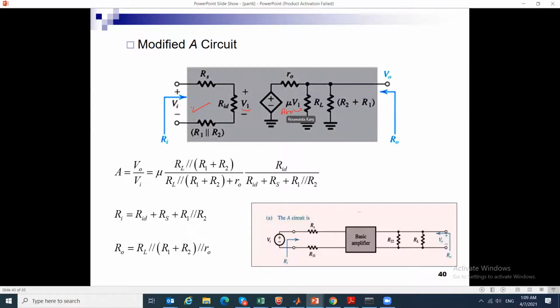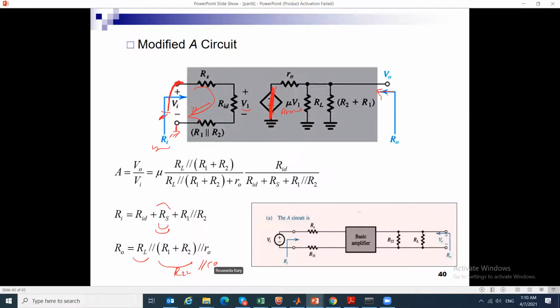And then for RI, which is the input resistance looking into and including RS, it is the resistance of this loop. The same for RO, it is the resistance looking from the output node including RL. So when I study RO, I short the input, and if this is ground, it goes to 0, then this will be shorted and the output resistance will be the parallel of RL and R22 and RO.